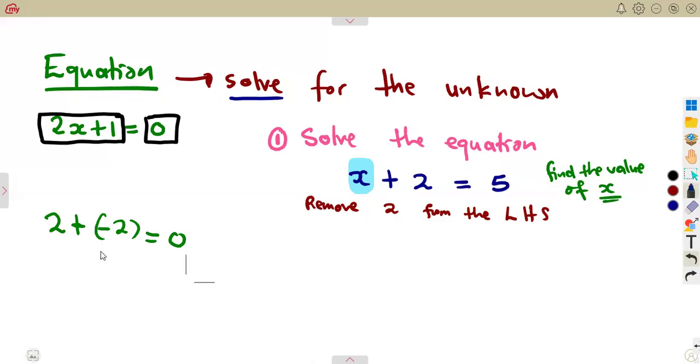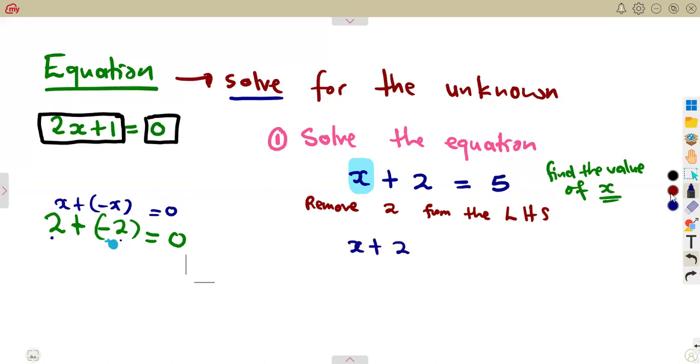Remember your additive concept: x plus minus x is supposed to give us a 0. As long as the two numbers are the same but one is negative, you must get a 0. So you are going to add a minus 2, meaning you're subtracting 2 from this equation. It is going to be x plus 2.